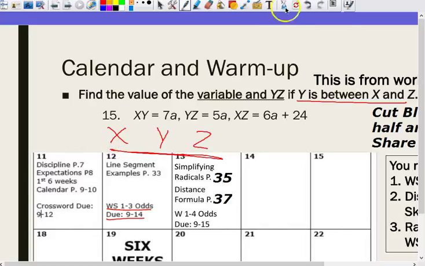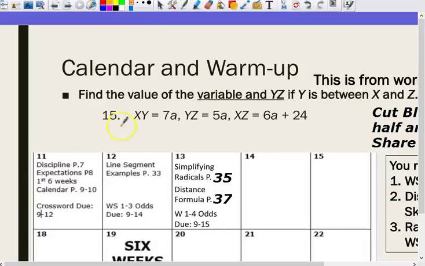I'm going to make it a little bit smaller. Okay, so we know xy is 7a. We know yz is 5a.